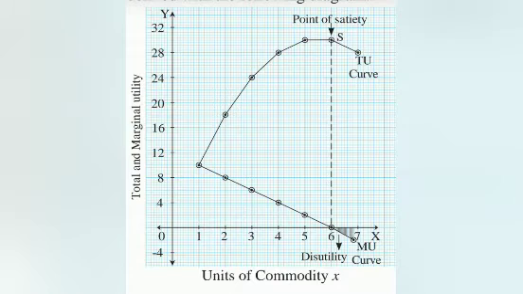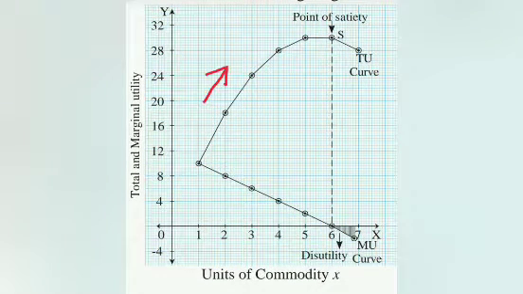On the basis of this table, the total utility and marginal utility curves can be derived with the following diagram. TU curve means total utility curve, MU curve means marginal utility curve. See in the diagram, the x-axis represents units of a commodity consumed and the y-axis represents total utility and marginal utility.